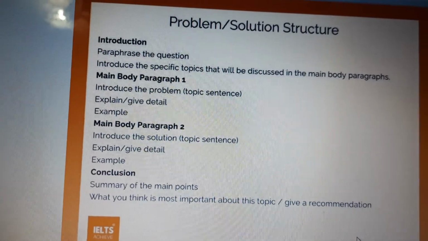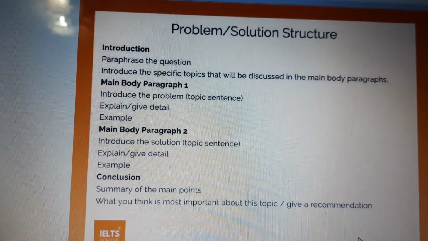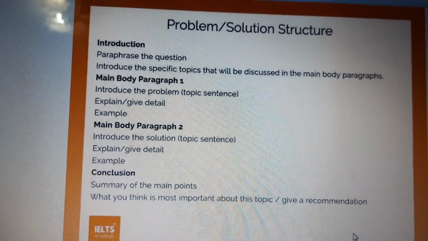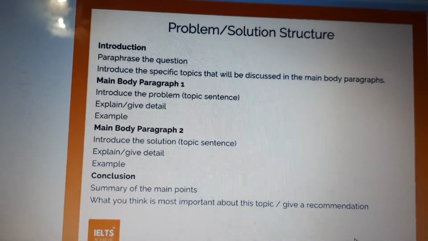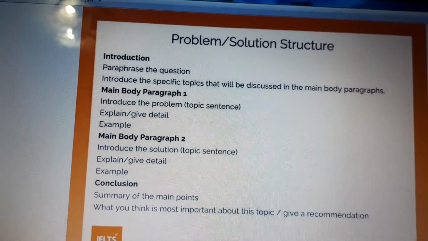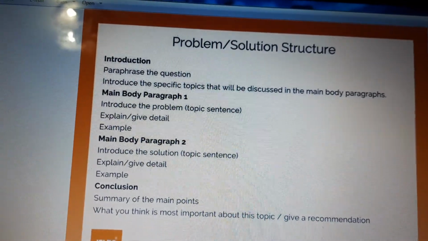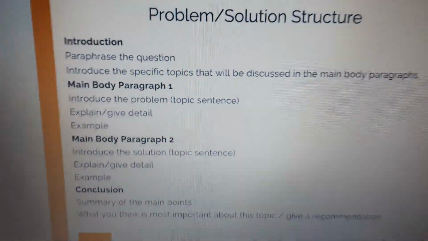We have the problem, right? So the main body paragraph introduces the solution: topic sentence, explain, give details, examples. And the last thing, you should write a conclusion: a summary of the main points, what you think is most important about the topic, and give a recommendation. Okay, so this is the easiest one.